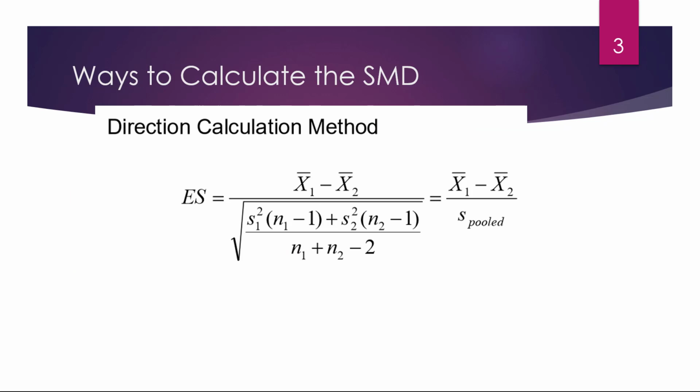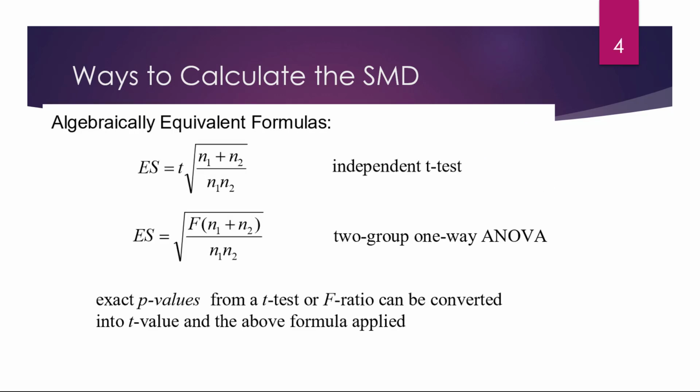So, as you know, there's a direct calculation method to get to a standardized mean difference, SMD, which is generally an effect size, ES. So mostly we're looking for this idealized form over here, but we don't always get it. There are algebraically equivalent forms. If you've got a t-test comparing two effect sizes, you can get to the effect size this way.